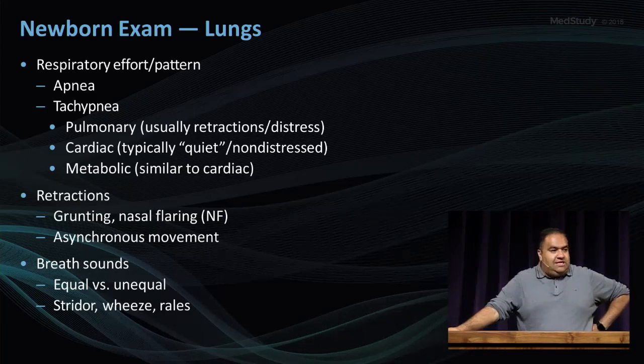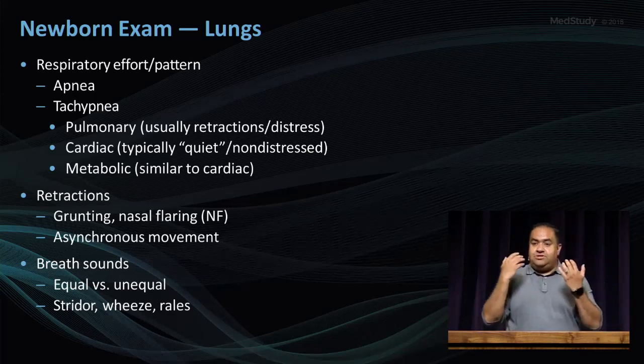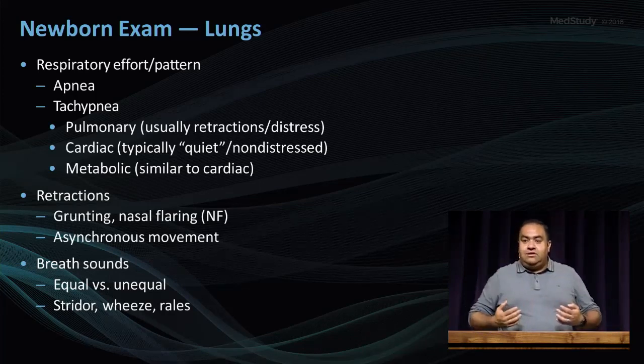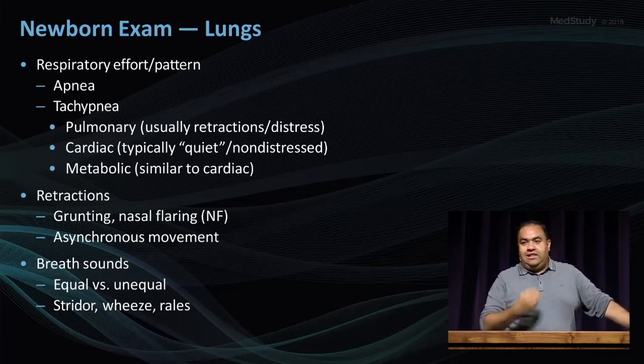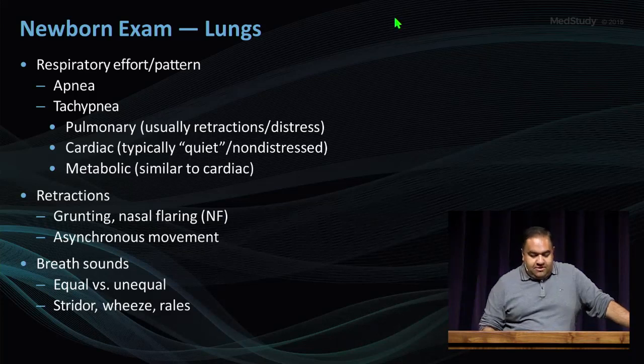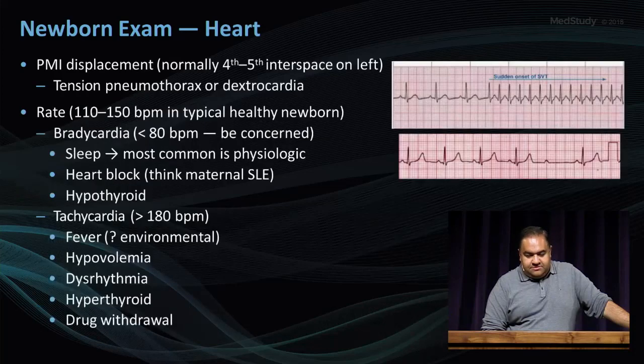And so we want to see if the kid's grunting. Remember, when they are trying to increase that intrathoracic pressure, they might grunt when they're trying to breathe, and they do the nasal flaring and allow that air to come in to help them with some of the distress that they're in. We always assess for breath sounds, if they're equal, unequal, stridor, wheezes, rales.